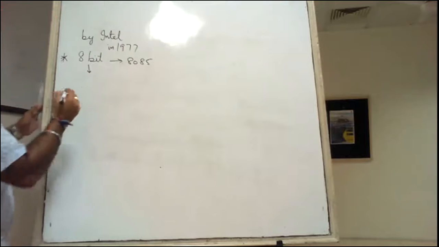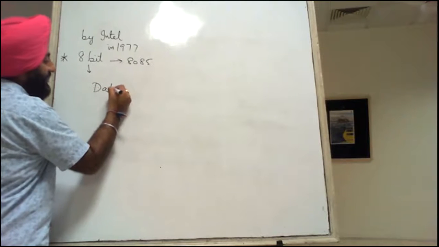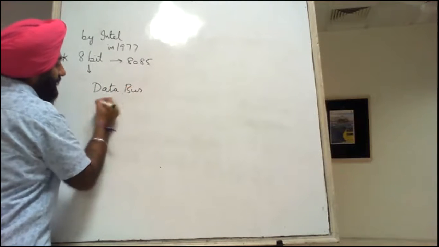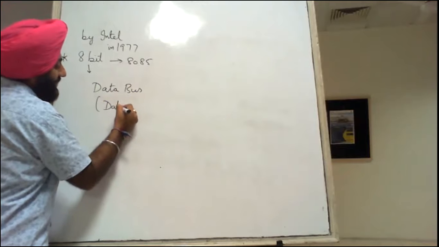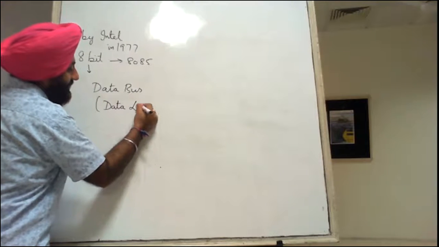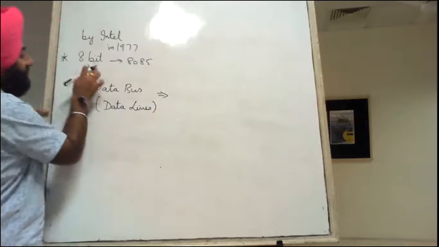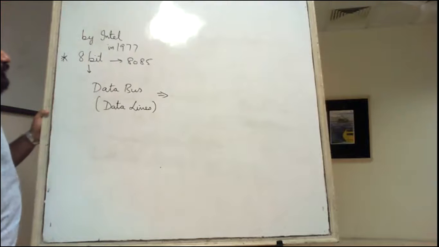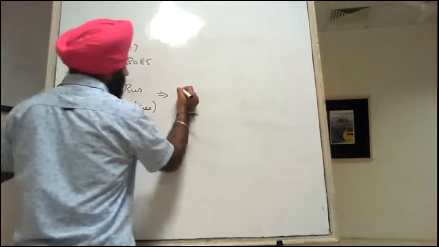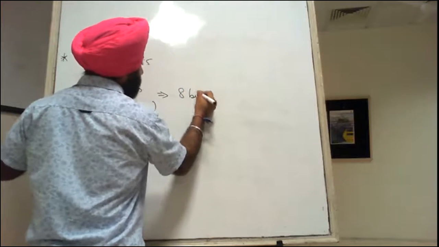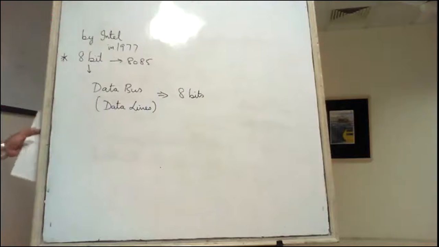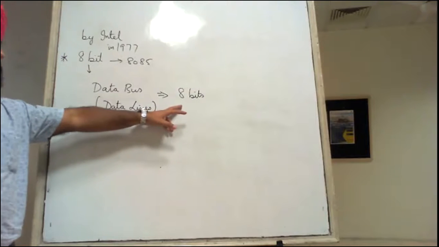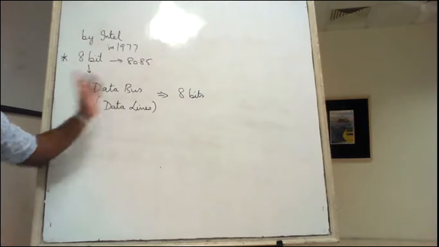So the size of the data bus is equal to the size of the microprocessor. You can transfer 8 bits of data using the data bus.